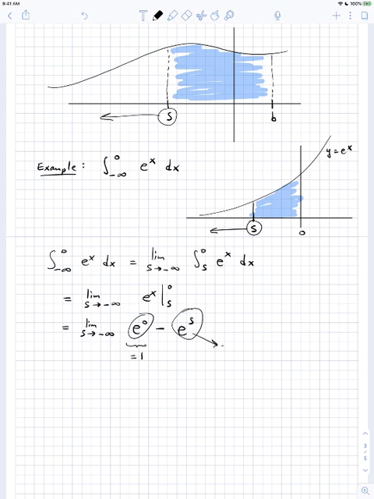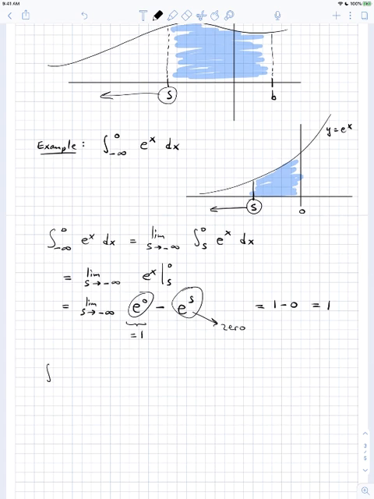So this thing goes to 0. So that means we have 1 minus 0, which is 1. So that means the area, since this is a positive function, the area underneath the curve from negative infinity to 0 is 1. Now if you integrated it on the other side, you'd get a far different answer.